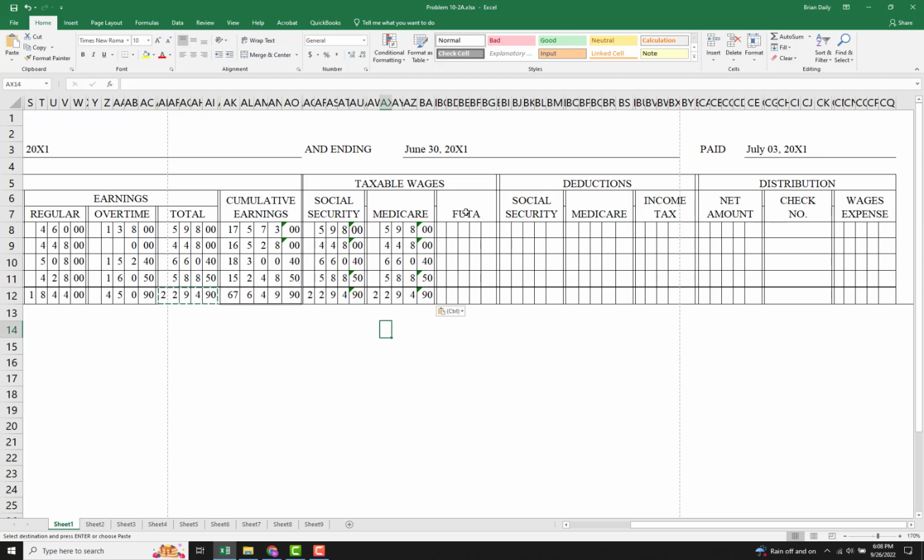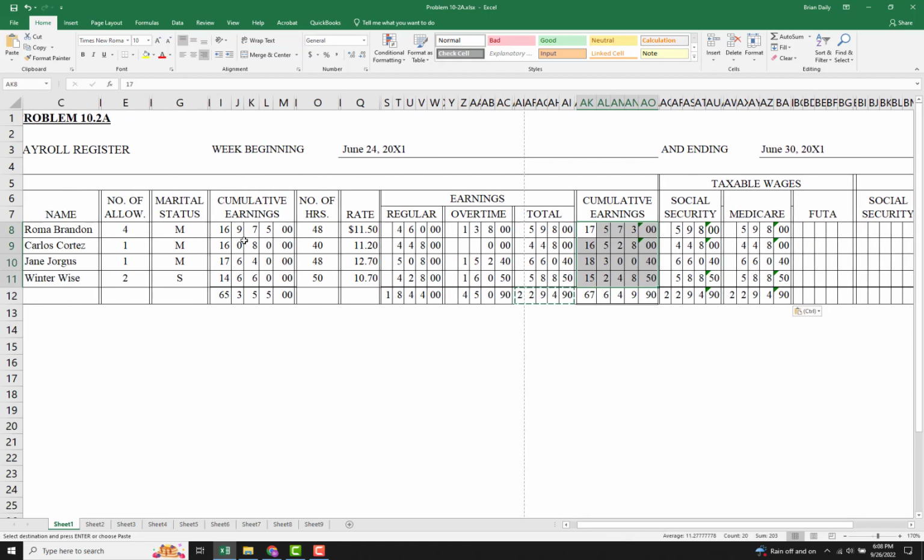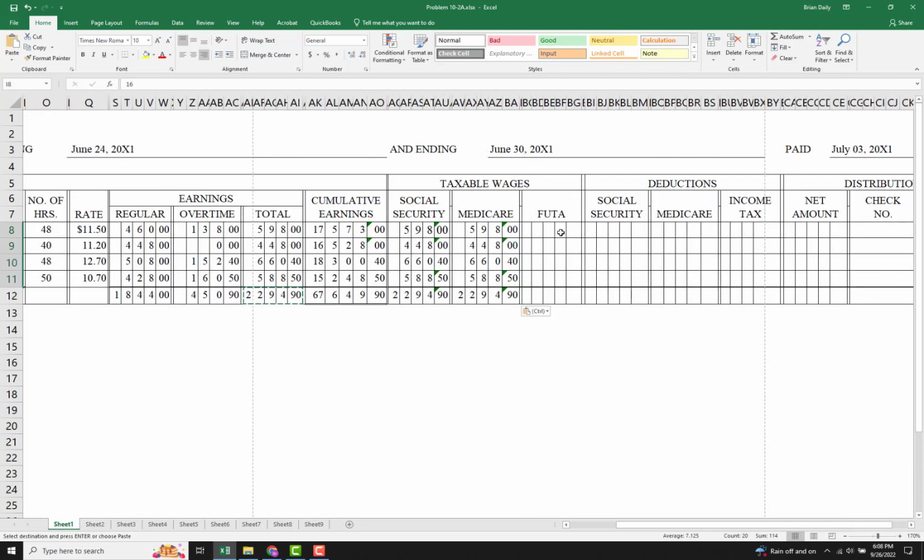The textbook in Chapter 10 does mention these taxes. They both have a $7,000 limit because each of these employees had already exceeded $7,000 for the year prior to the current pay period. The wages of each of these employees would not be taxable for the unemployment taxes because they had already reached that limitation.